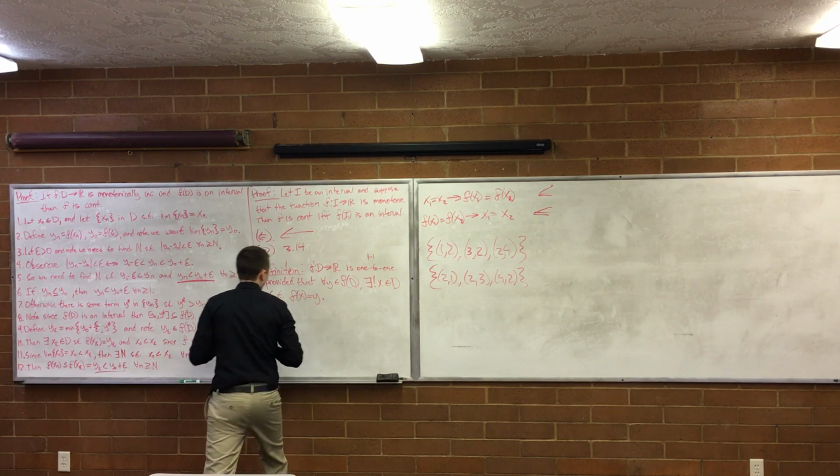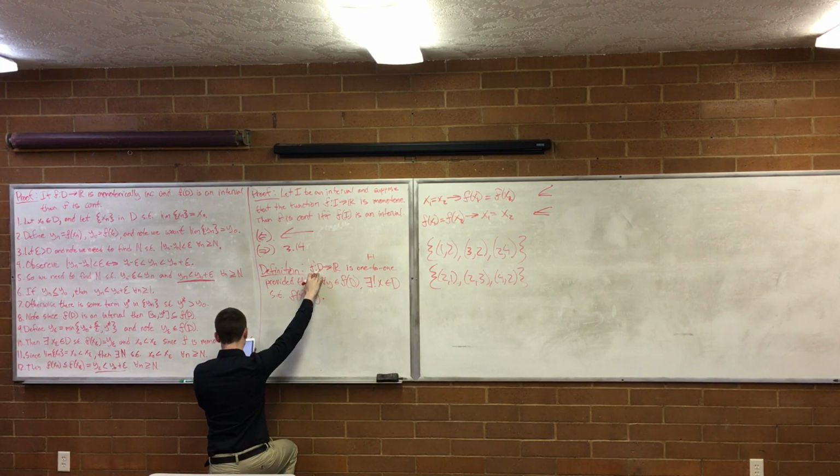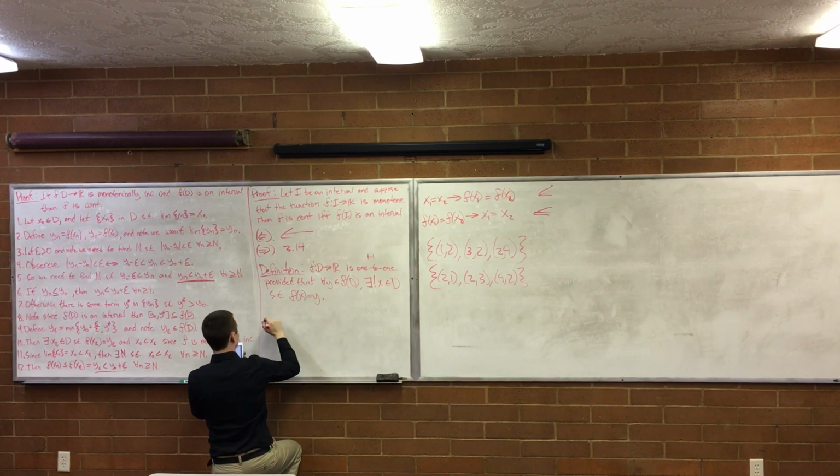And we only define an inverse function on a function that's one-to-one. So if you have a one-to-one function, f of x is equal to y, then we define the inverse function.